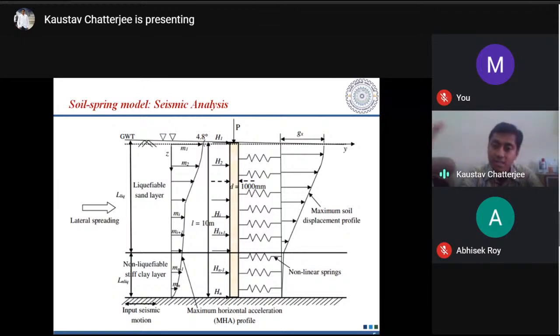So with all these input parameters, that is this displacement profile, the maximum horizontal acceleration, the vertical load, and the inclination of the ground surface, the governing differential equation has been written.